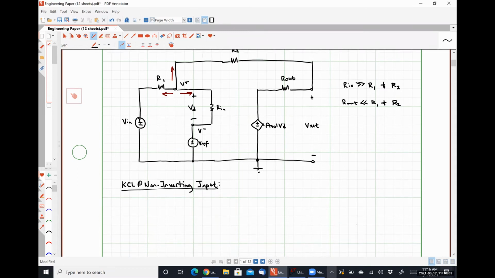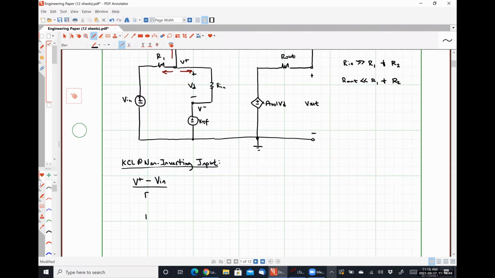So my current directed to the left through resistor R1 is just V plus minus Vn divided by R1.